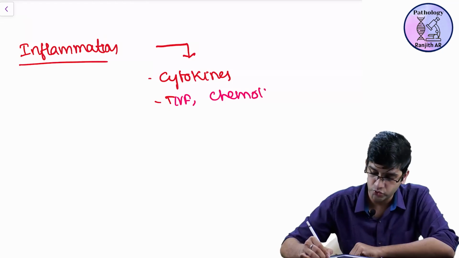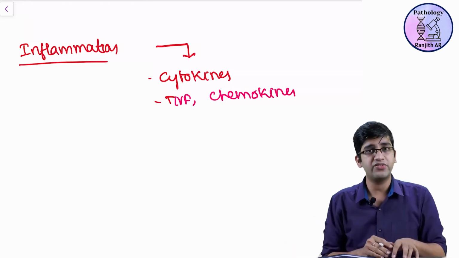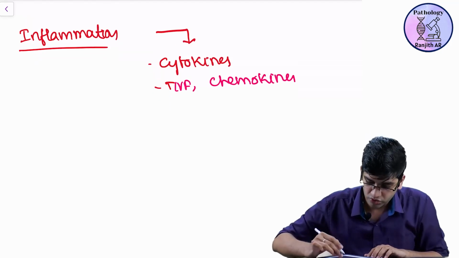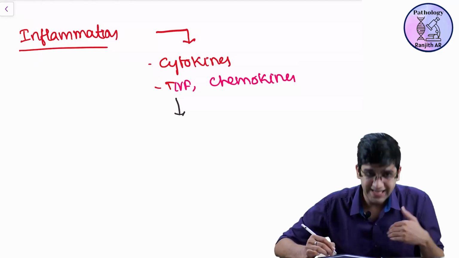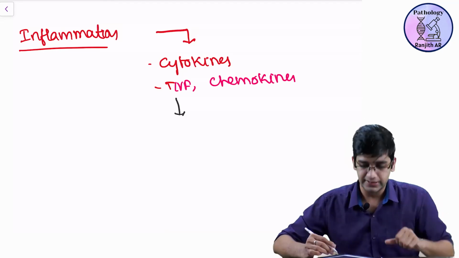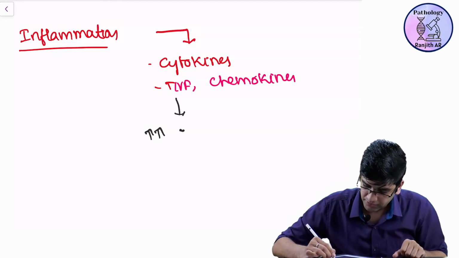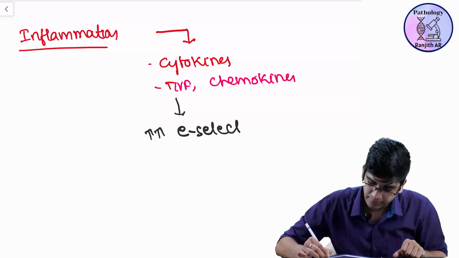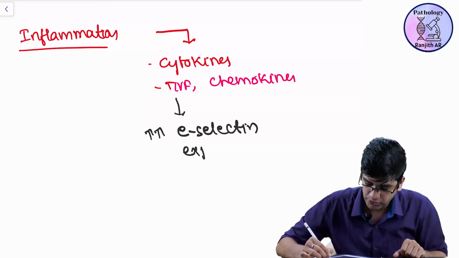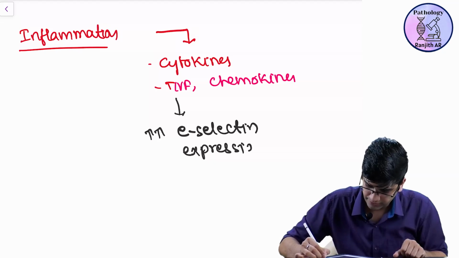We'll read what chemokines are soon. These chemokines and tumor necrosis factor are going to increase E-selectin expression in the endothelium.